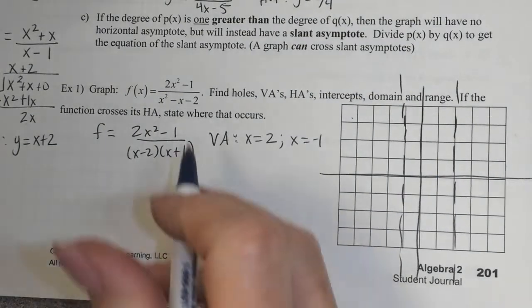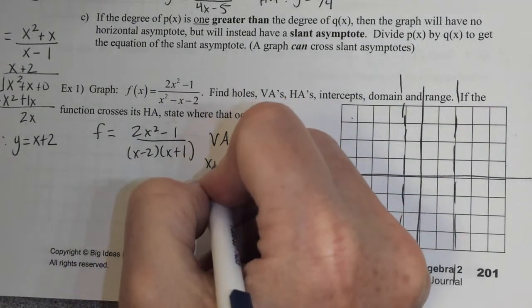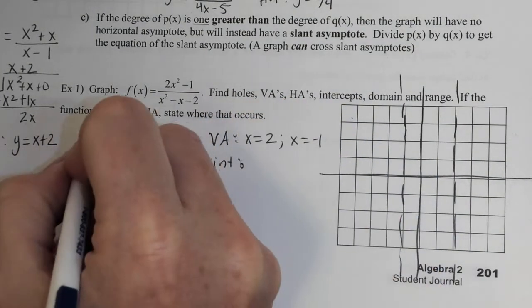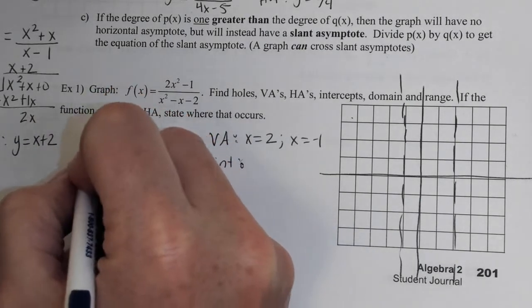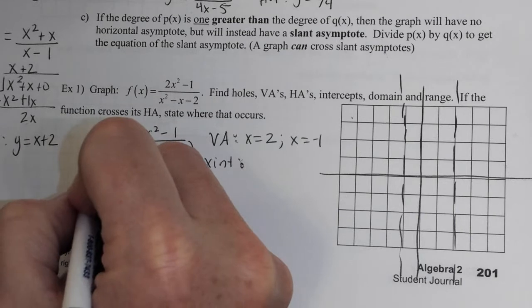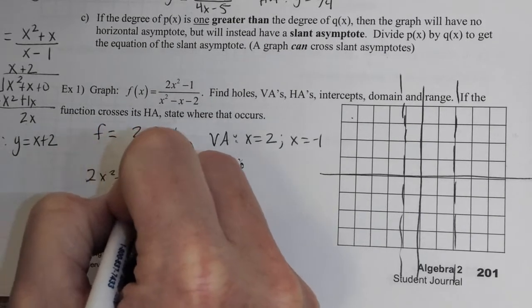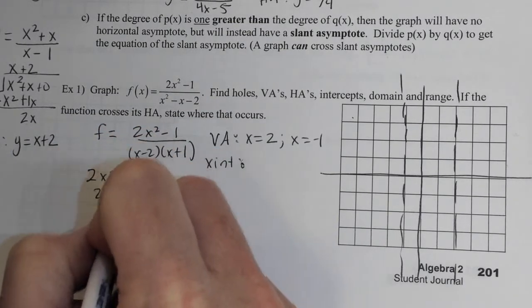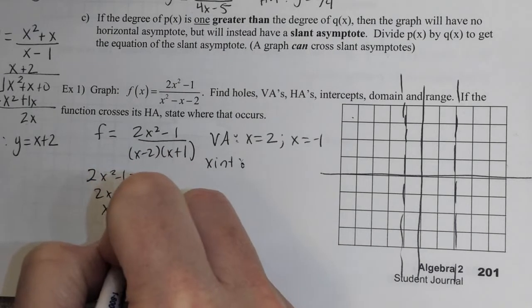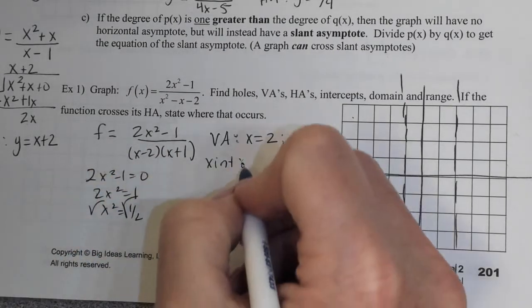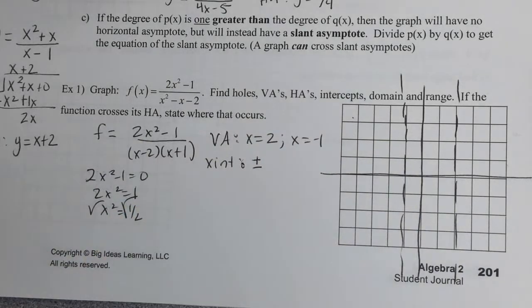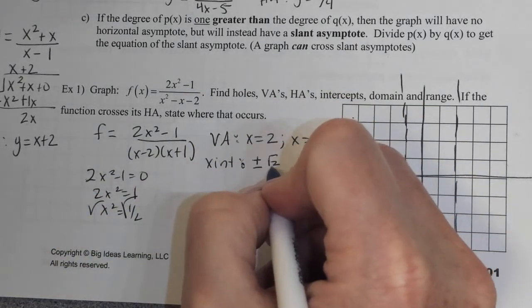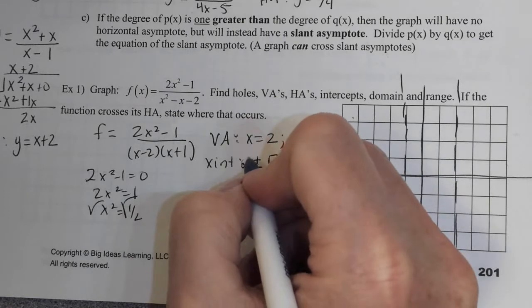Okay, I'm going to find intercepts. I'm going to find my x-intercept by setting this whole thing equal to 0. So then if I do that, this is 0, and I cross multiply, and I'm going to get 2x squared minus 1 equals 0. 2x squared equals 1. x squared is 1/2. Take the square root, and that's going to be plus or minus, square root of 1 is 1. That's going to be plus or minus radical 2 over 2, comma 0.